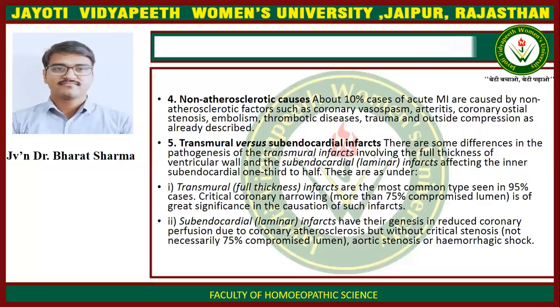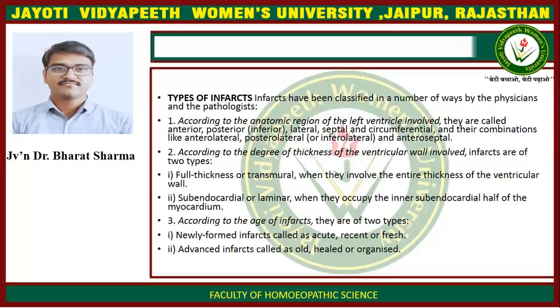Critical coronary narrowing, more than 75% compromised lumen, is of great significance in the causation of such infarcts. Subendocardial infarcts have their genesis in reduced coronary perfusion due to coronary atherosclerosis but without critical stenosis, not necessarily 75% compromised lumen, or due to aortic stenosis or hemorrhagic shock.